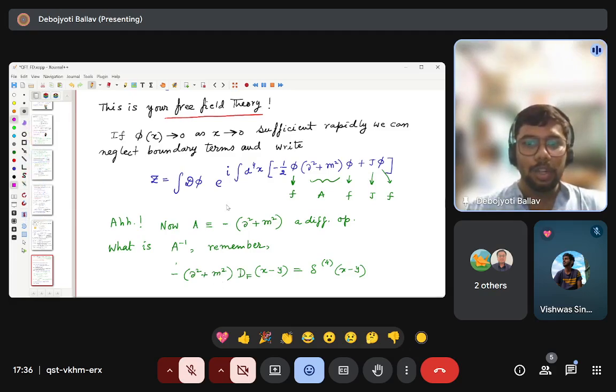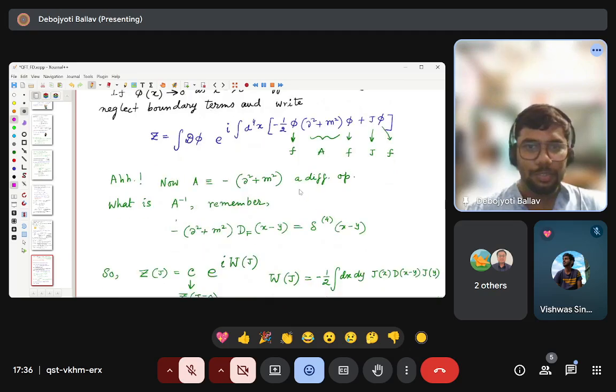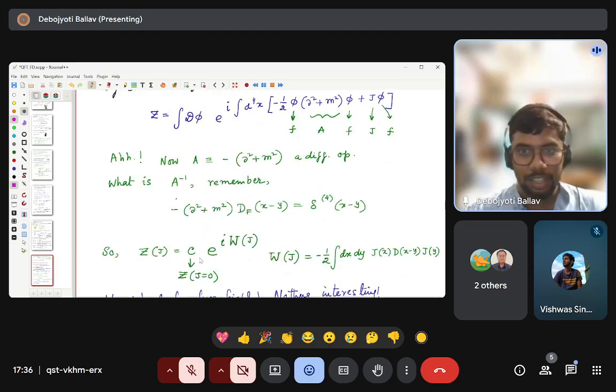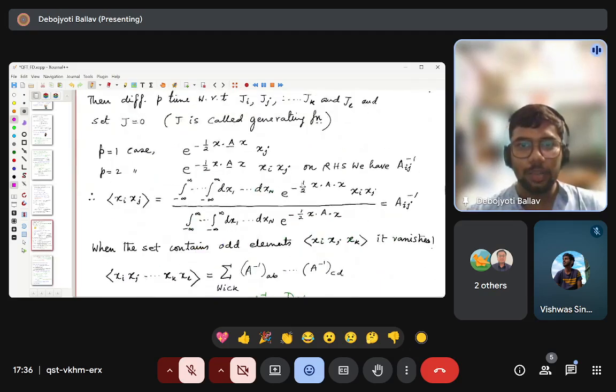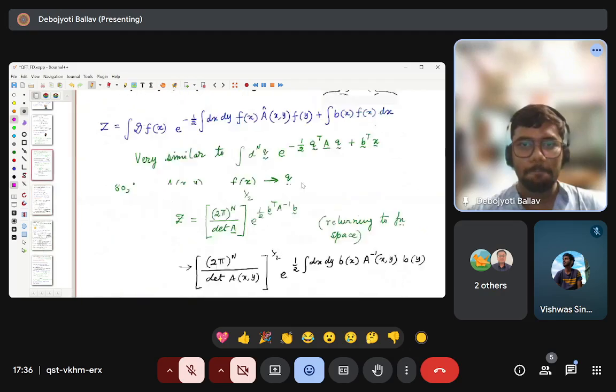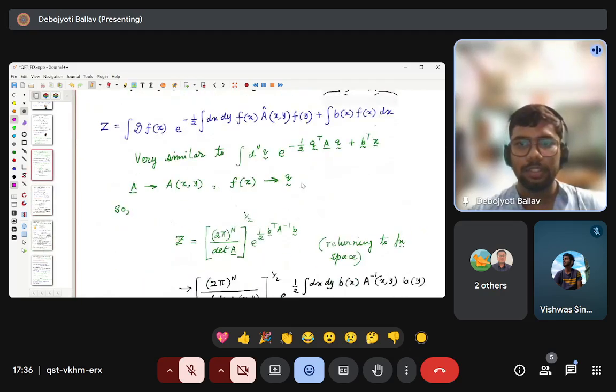So don't worry about these Green's functions, but you can see that this integral is nothing but some constant, as I said to Niladri, that we can put under the carpet, with e to the power omega j. This omega j is the same as this. This is exactly the thing we have done. Let me show you this one.